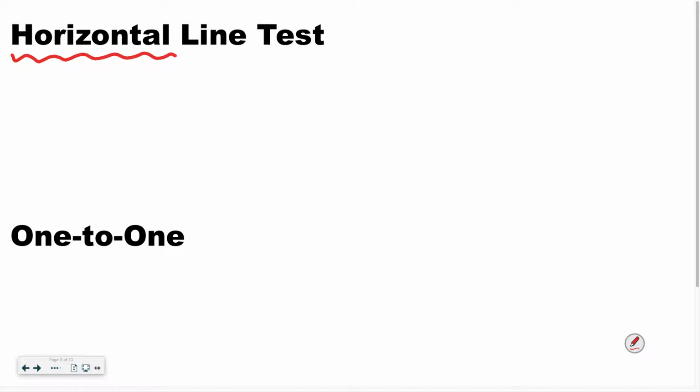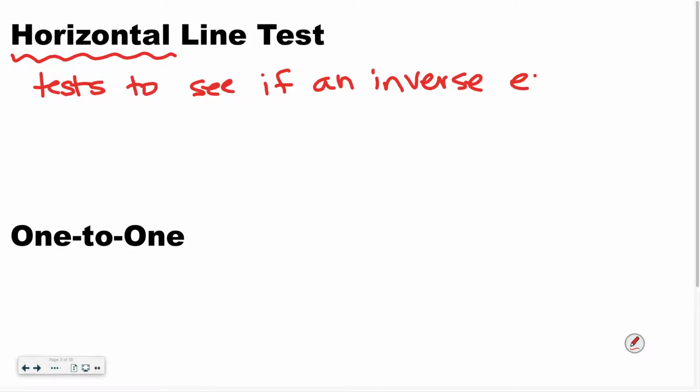Our horizontal line test tests to see if an inverse exists. Okay? So if we have a graph that a horizontal line would go through more than once, then when we switch all of the x's and y's, it's not going to be a function anymore.